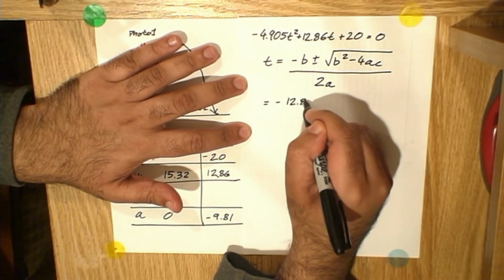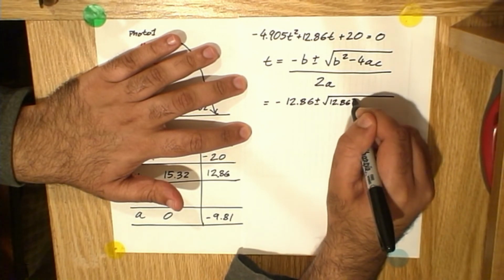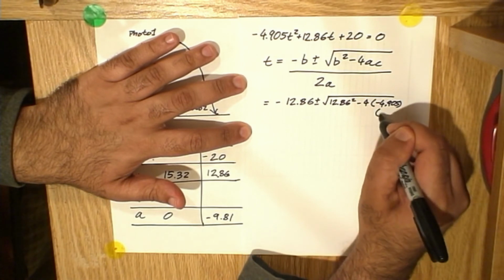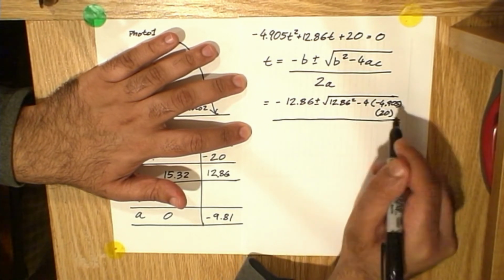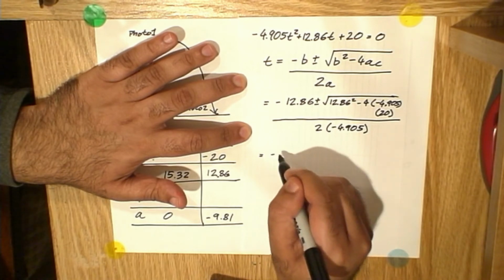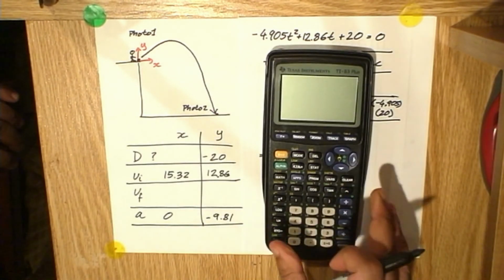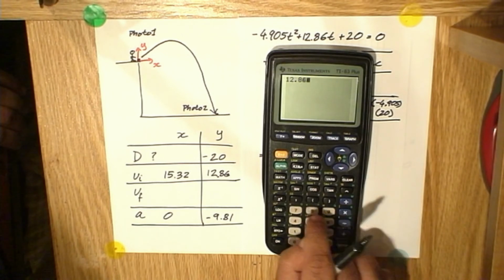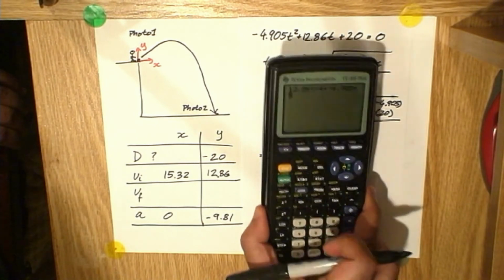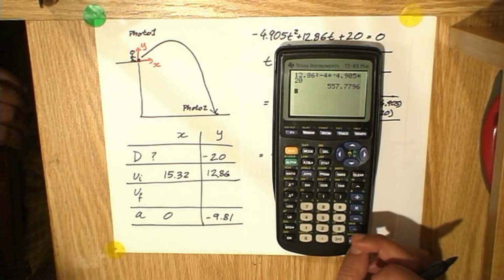Negative 12.86 plus or minus the square root of 12.86 squared minus 4 times 4.905 times 20, all divided by 2 times negative 4.905, which equals negative 12.86 plus or minus, let's work this out, 12.86 squared minus 4 times negative 4.905 times 20, which is 557.78.